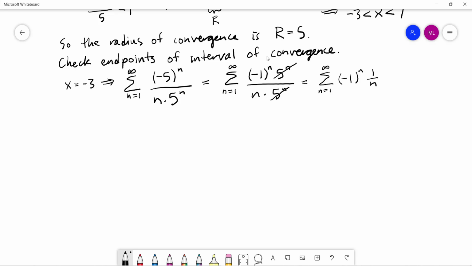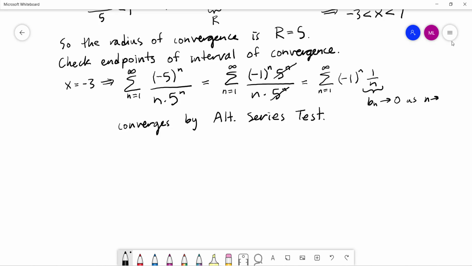This thing converges by the alternating series test. The alternating series test said that if you have an alternating series, all you need is for this a sub n term, maybe I've already used a sub n, so let's call this b sub n, to go to 0 as n goes to infinity.